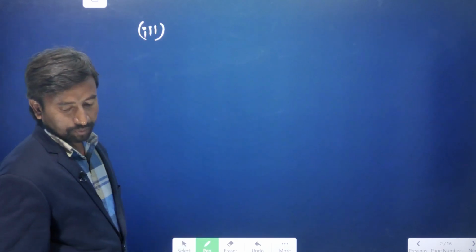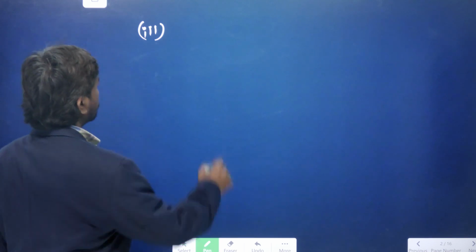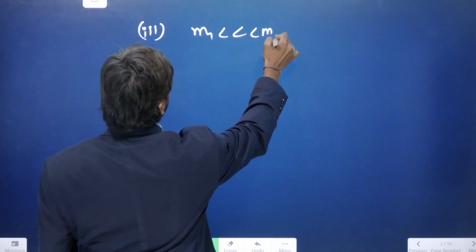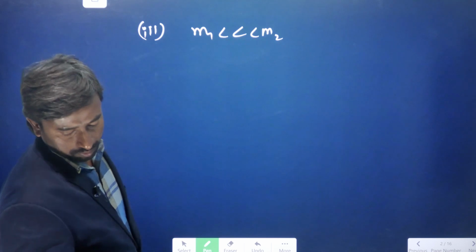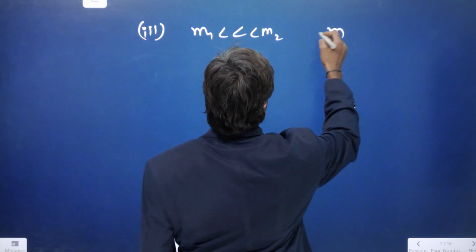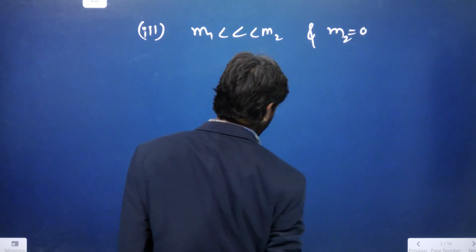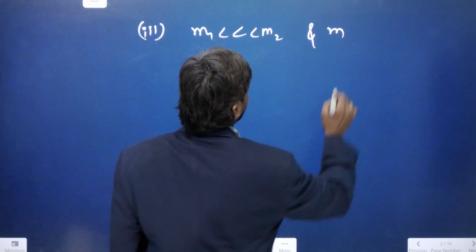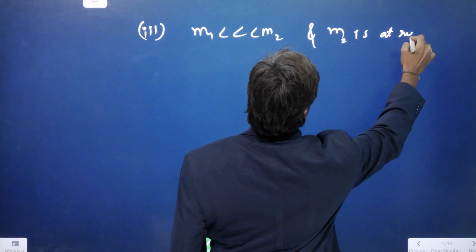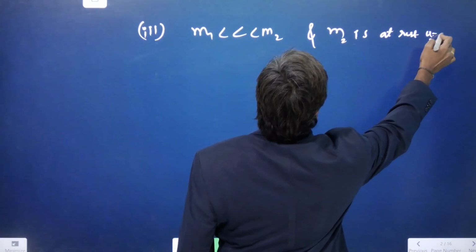Third case: if M1 is far lesser than M2, so the heavier body is at rest now. M2 is at rest means U2 is equal to 0.